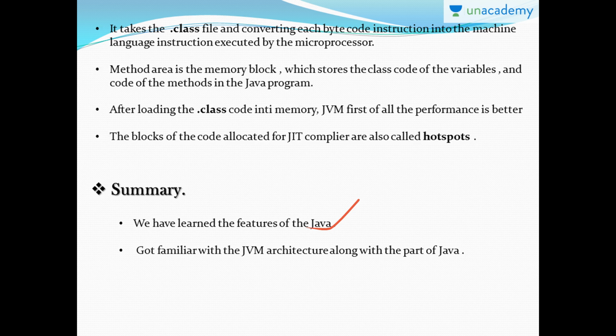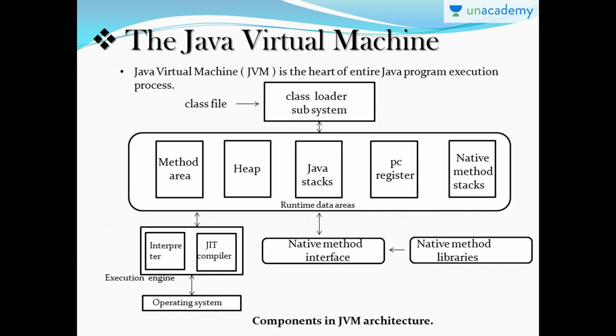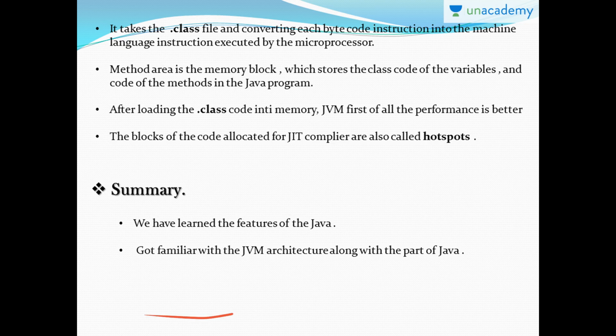Then we learned the JVM architecture with all the different parts of it: the class file has to be loaded, then memory has to be allocated, then the execution process has to be done, using any operating system. This is all about the JVM architecture and this small introduction of the Java programming language.